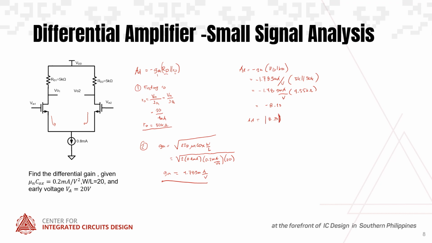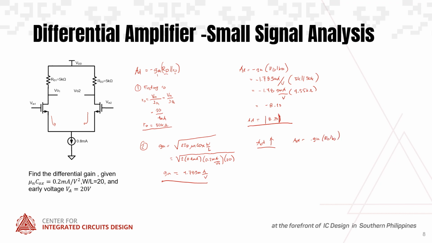So that is very small. It's about less than 10. That's one of the major challenges of this very small gain. From this formula, AD is equal to negative GM RD parallel RO.